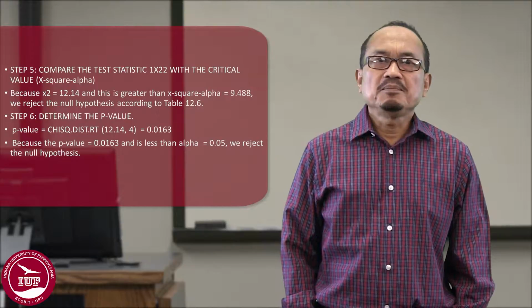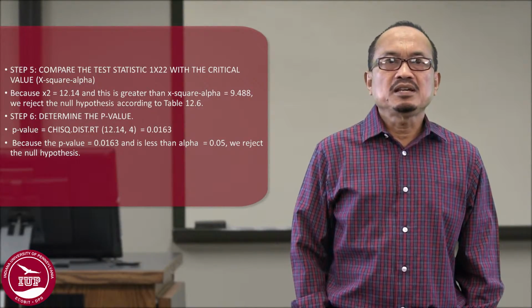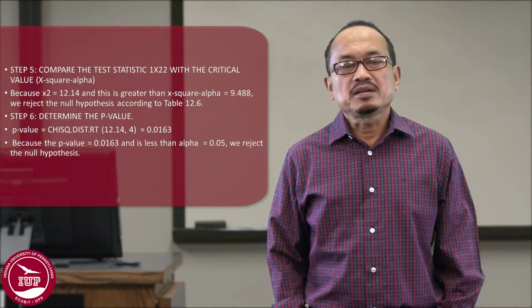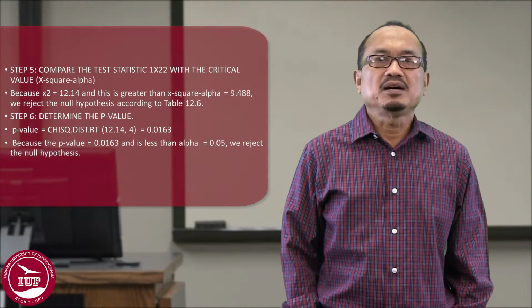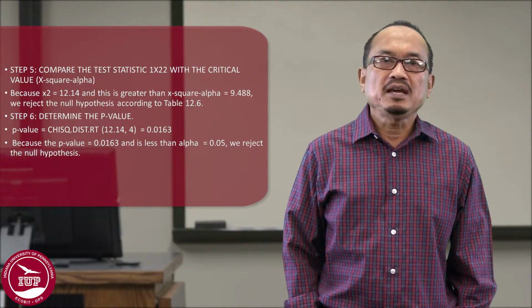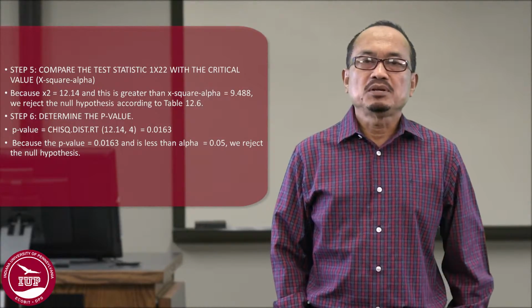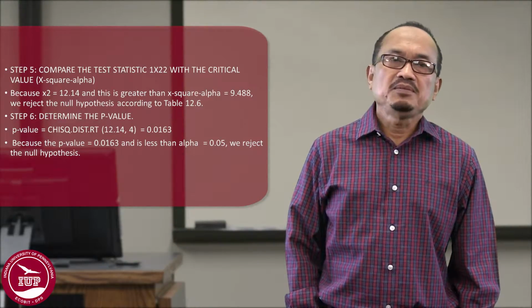Step 5. Compare the test statistic x-square with the critical value x-square alpha. Because x-square equals 12.14 and this is greater than x-square alpha equal to 9.488, we reject the null hypothesis according to Table 12.6. Step 6. Determine the p-value.